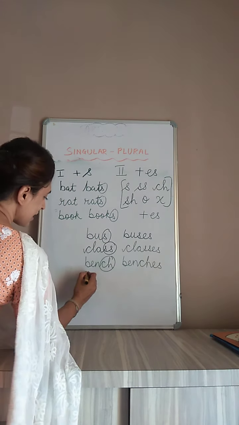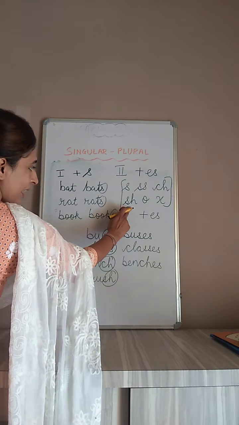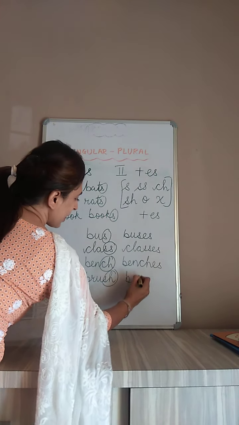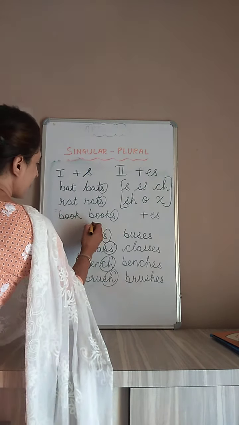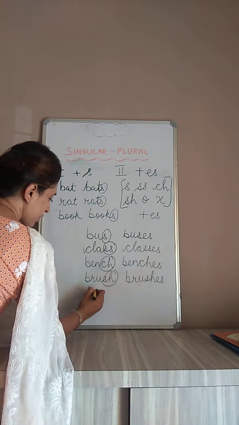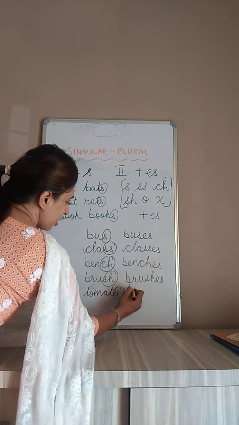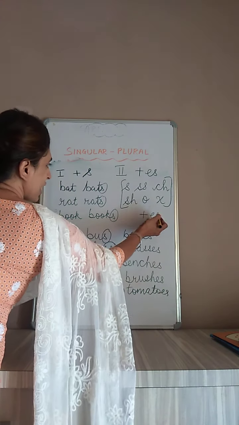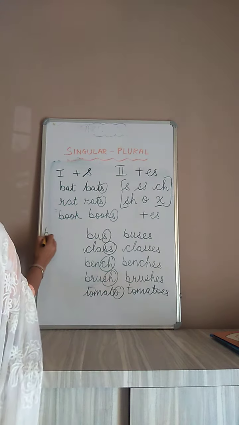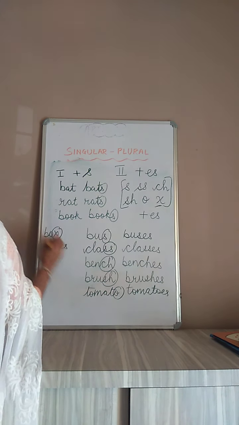Same way sh, brush, ending with sh, so we make their plural form by adding es. Then o, let's say tomato, ending with o, so plural form is tomatoes. Last one is x, that is box, plural form is boxes.